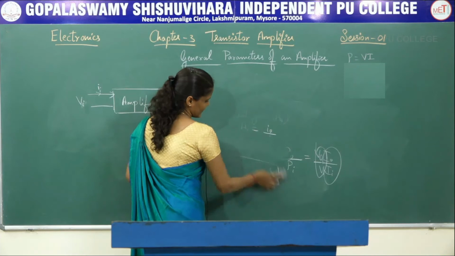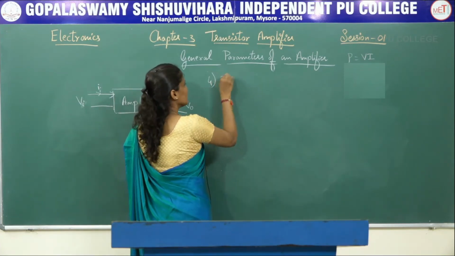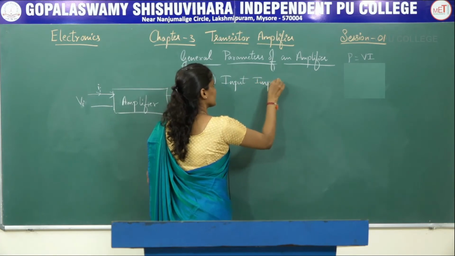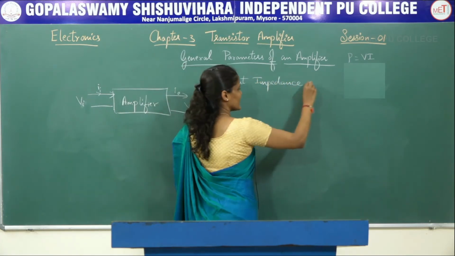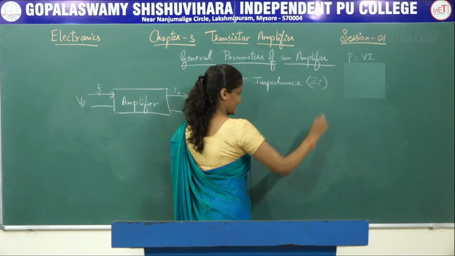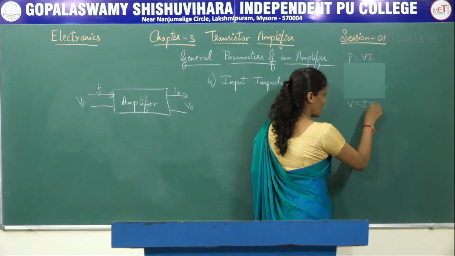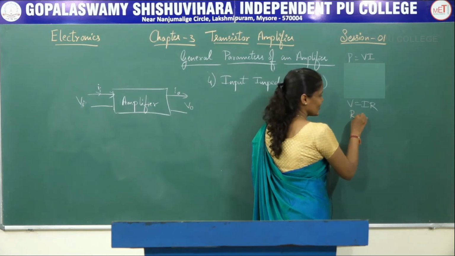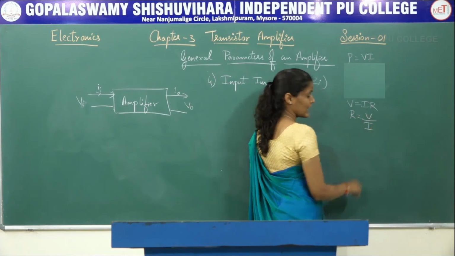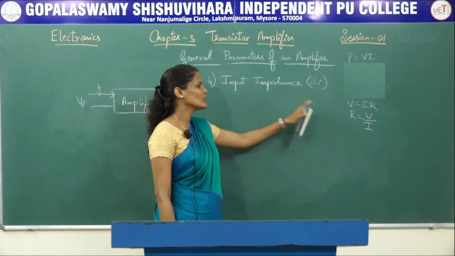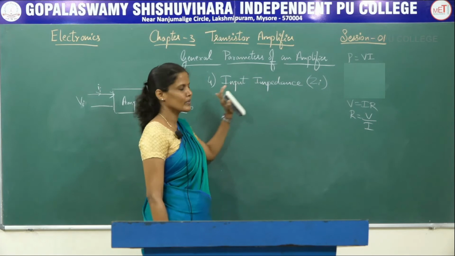There are some other definitions, like the fourth one, the input impedance, which is denoted by Zi. According to Ohm's law, V is equal to I into R, so R is equal to V by I. Now I am talking about the input impedance. Impedance is almost equal to the resistance of a circuit.